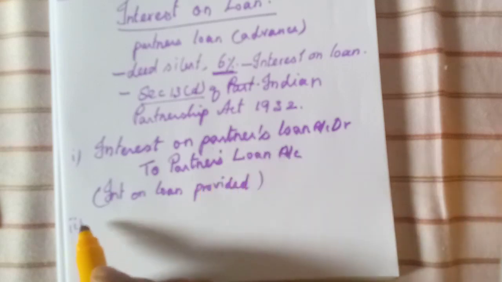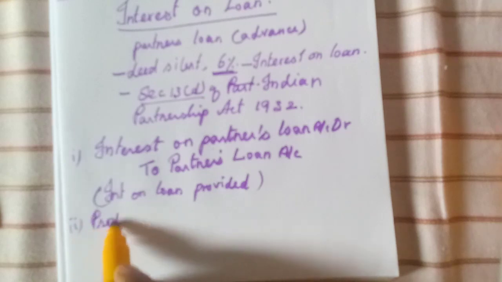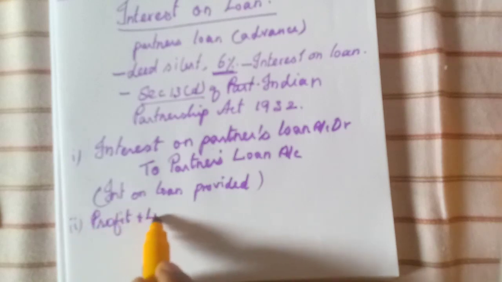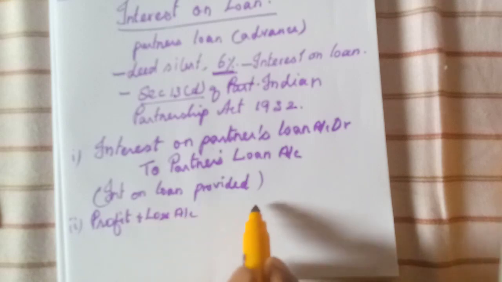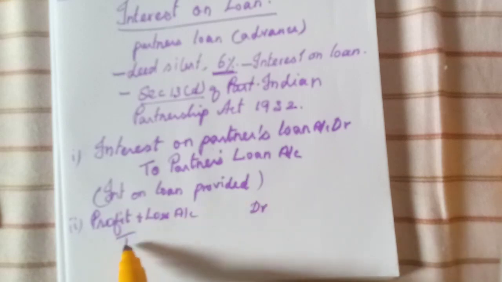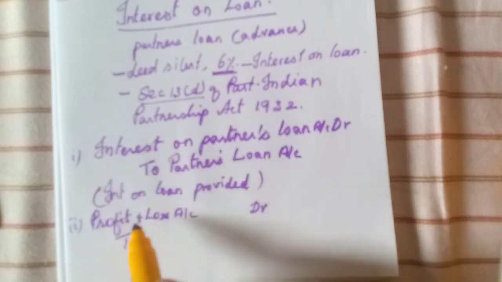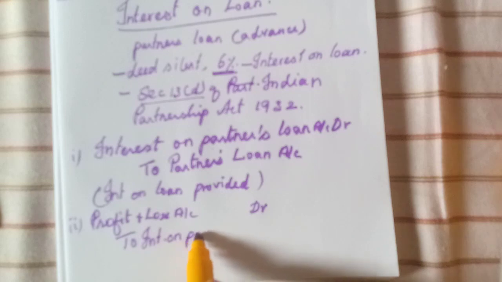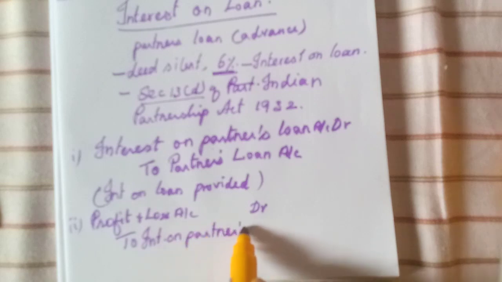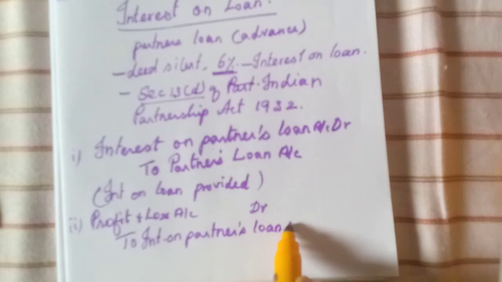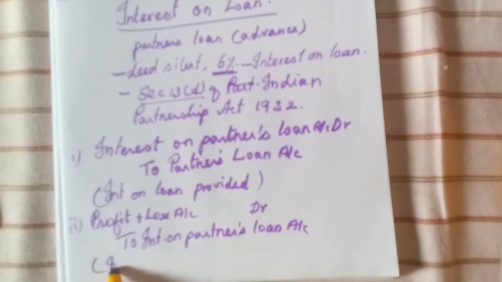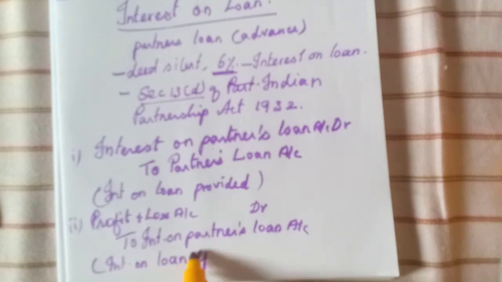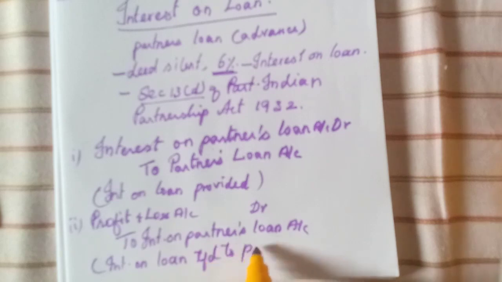So the profit and loss account must be debited, and we credit the interest on partners' loan account. You can write: interest on loan transferred to profit and loss account.